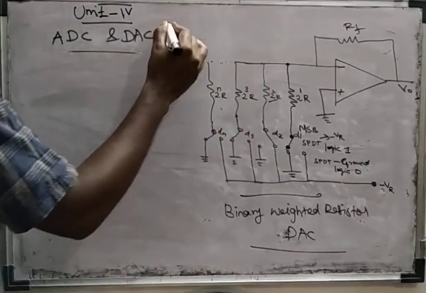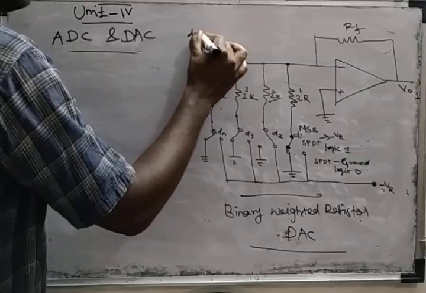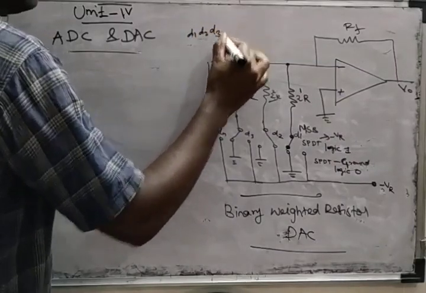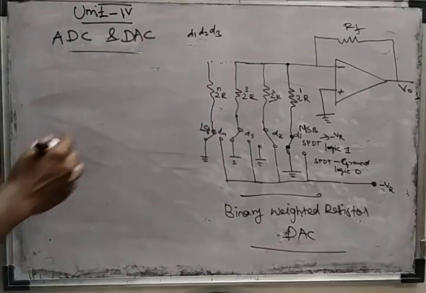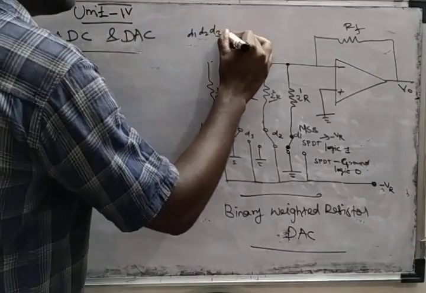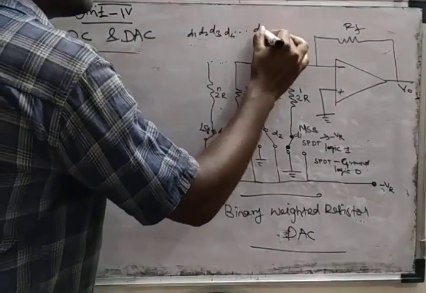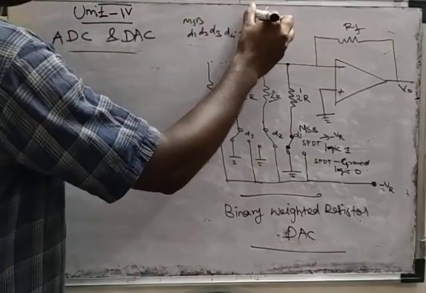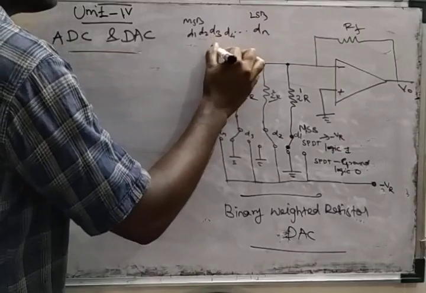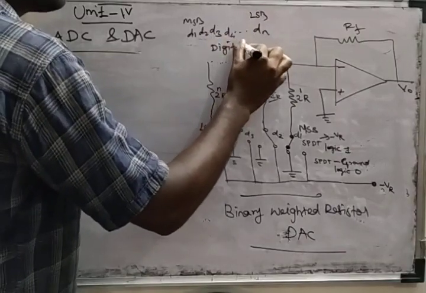We are giving digital input as D1, D2, D3 up to Dn. This is actually the LSB, and this is the significant part, the MSB. So D1, D2, D3, D4 up to Dn is the digital input.